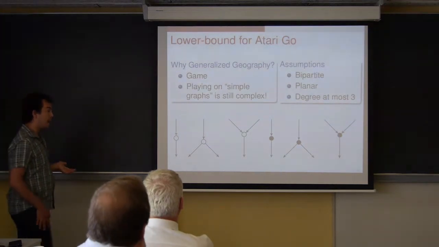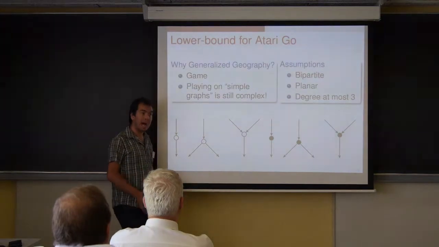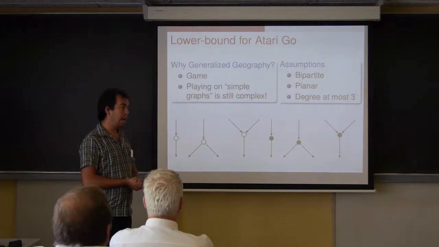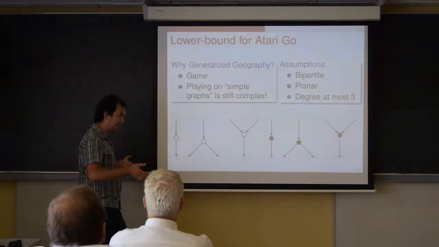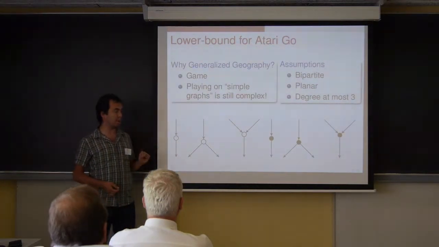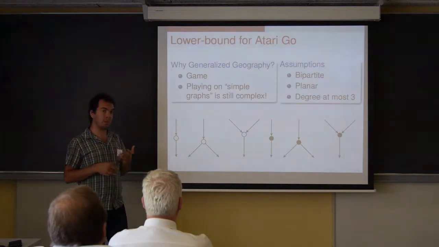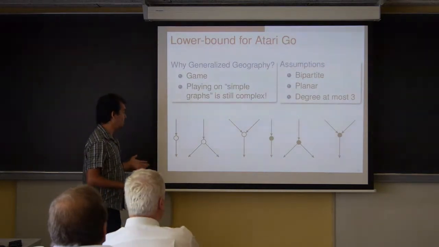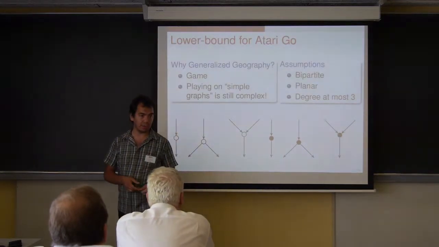So once we realized that we only have 6 types of vertices, how do we reduce the generalized geography problem to a game? We say, okay, we'll do it with Atari Go. I have my Atari Go board, and I have a generalized geography graph that has this structure. To represent it, I need some way of representing the concept of edges, and 6 gadgets that will represent each of the vertices.